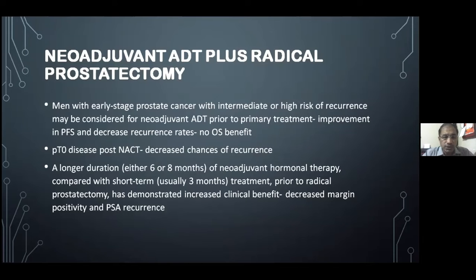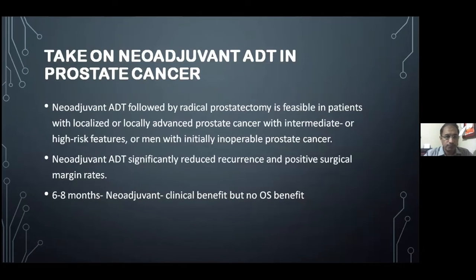A longer duration of treatment appears to have more impact on controlling the disease compared to a shorter duration. But again, if you can do the surgery upfront, the role of neoadjuvant ADT remains limited, and it is not routinely used.